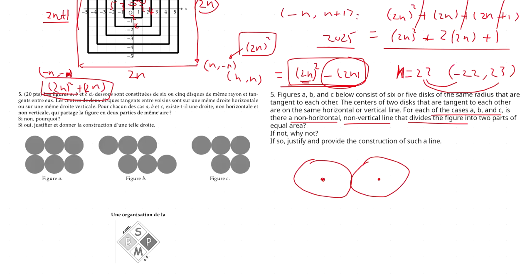So imagine if a line is passing through both rotor centers, this line will definitely separate the two circles into halves. That's true. But the question is asking for a non-horizontal, non-vertical line. So we have to find something new, right?